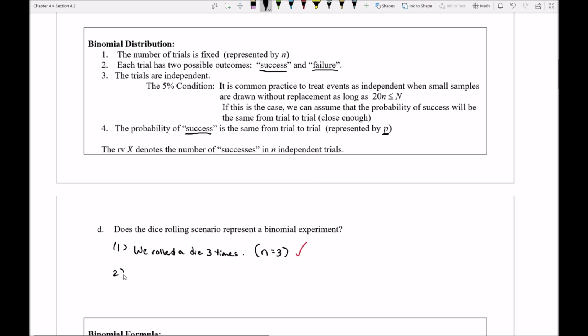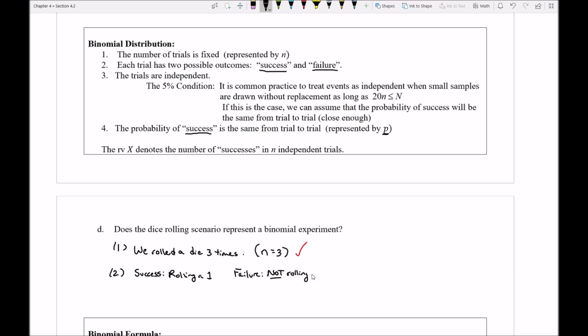Now I can go to number 2, which says each trial had only 2 possible outcomes, something that I would deem a success and something I would deem a failure. So here I can definitely say, yeah, a success would have been rolling a 1, whereas a failure would have been not rolling a 1, right?